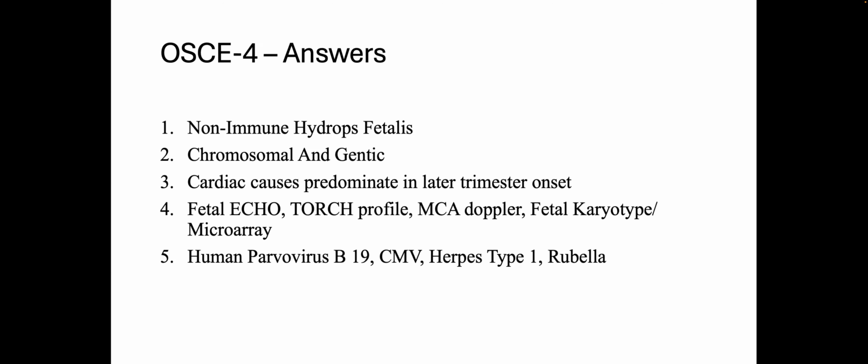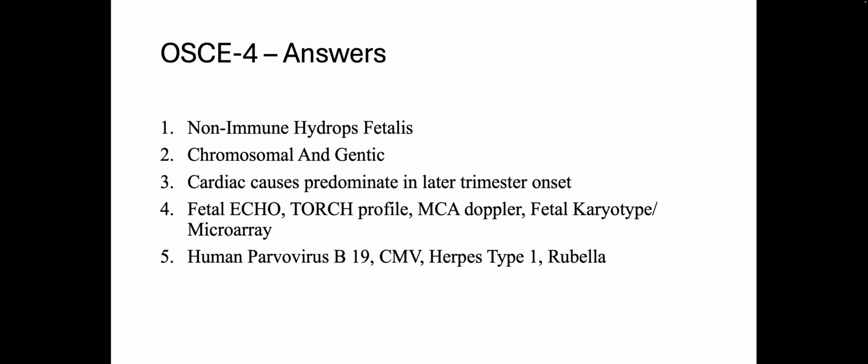The chromosomal and genetic causes are very important and predominate in the early period, and the cardiac causes predominate in the later period, almost 33% or 40% of them. So the cardiac cause is a very significant issue. So the fetal echo is recommended, a TORCH profile is indicated, and MCA Doppler and a fetal karyotype or a microarray. So these are the 4 minimal investigations one can do antenatally.